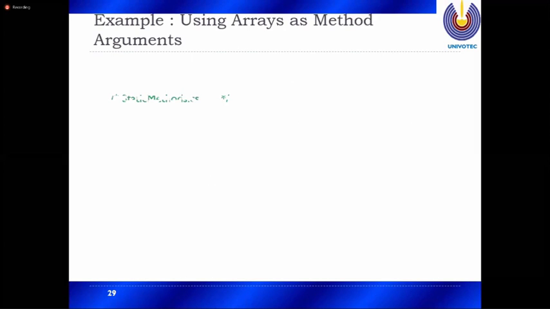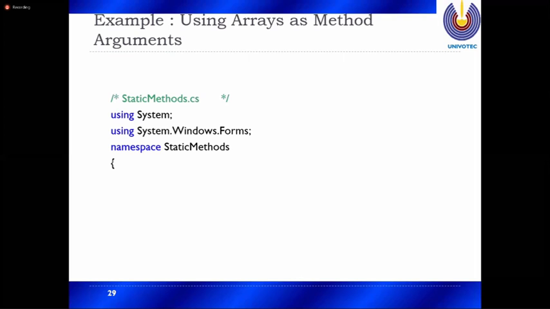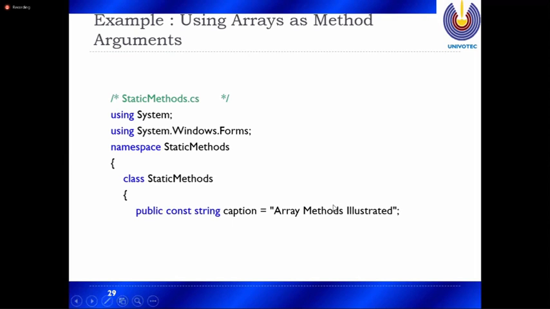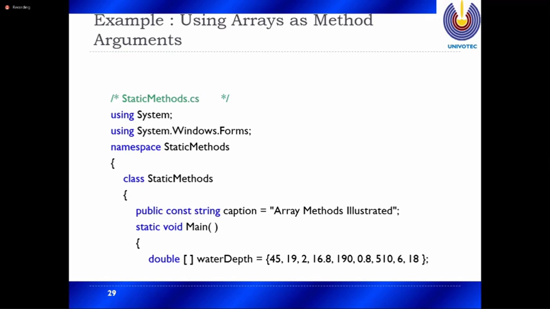Now you can see the example here. A public const string caption, which is a string type, and static void. Okay, waterDepth, we assign that. Eight elements are there.